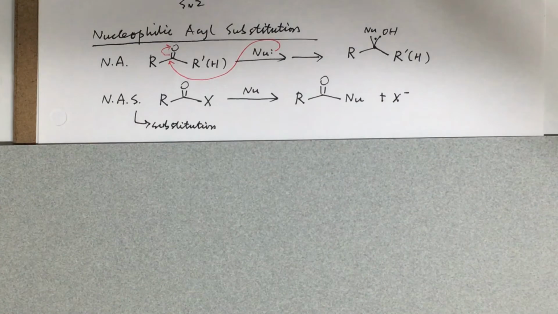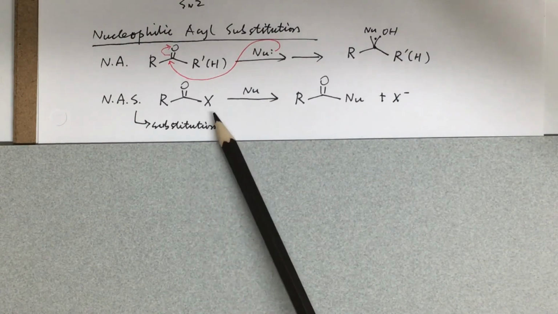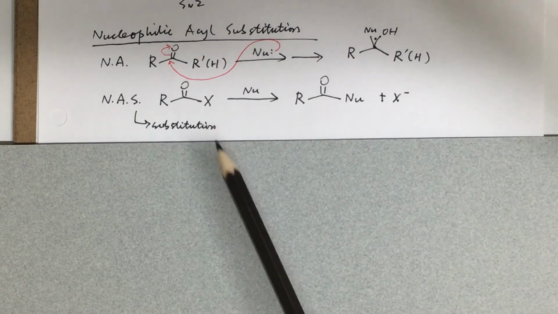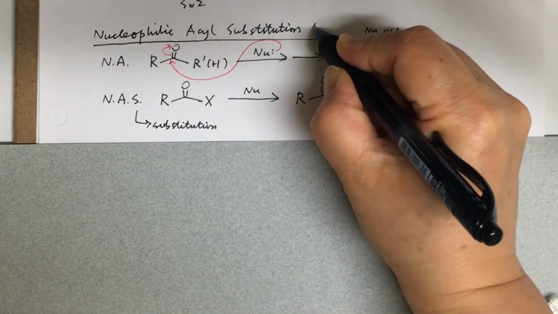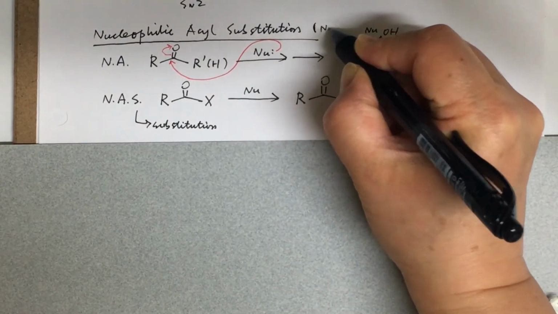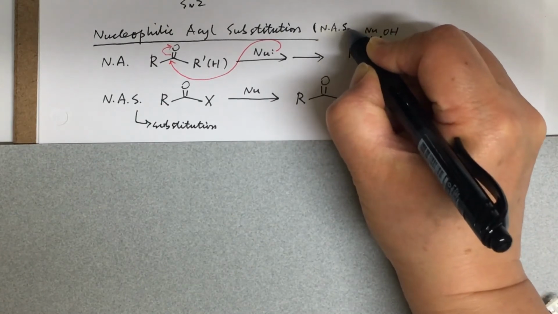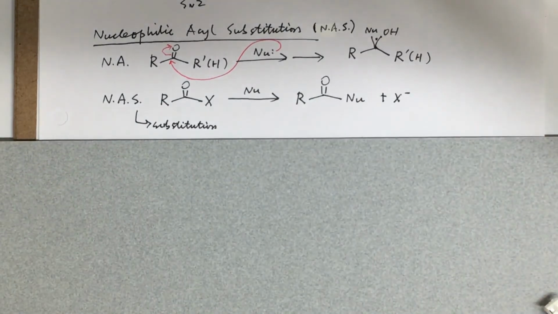The reaction typically undergoes a two-step mechanism, but eventually your nucleophile is substituting the leaving group. So the reaction is referred to as the nucleophilic acyl substitution reaction. We write nucleophilic acyl substitution as an abbreviation.